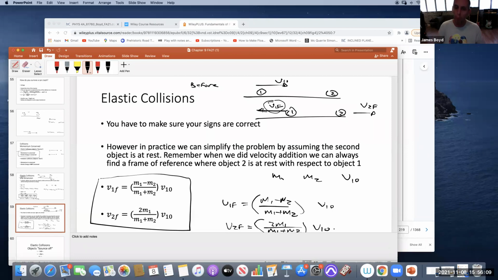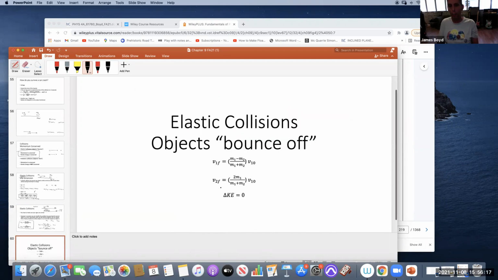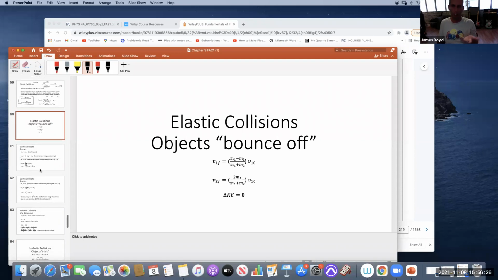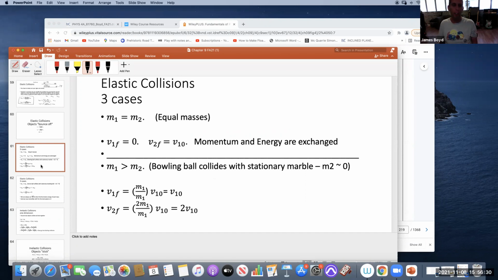So they're both times the initial velocity. Now, there are actually a few cases that we're going to talk about here, but these are the equations you need to know. You need to understand there's no change in the kinetic energy in a one-dimensional, perfectly elastic collision, which isn't physically possible, but we're going to see.